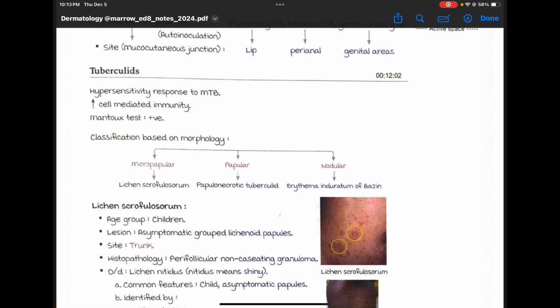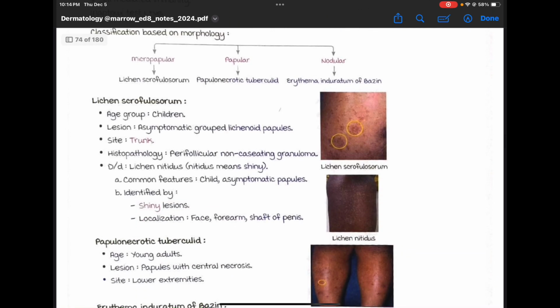Classification based on morphology: micropapular lichen scrofulosorum, papulonecrotic tuberculid, nodular erythema induratum of Bazin. Lichen scrofulosorum. So all these lesions that you will be seeing are not infections, but actually they are hypersensitivity reactions.